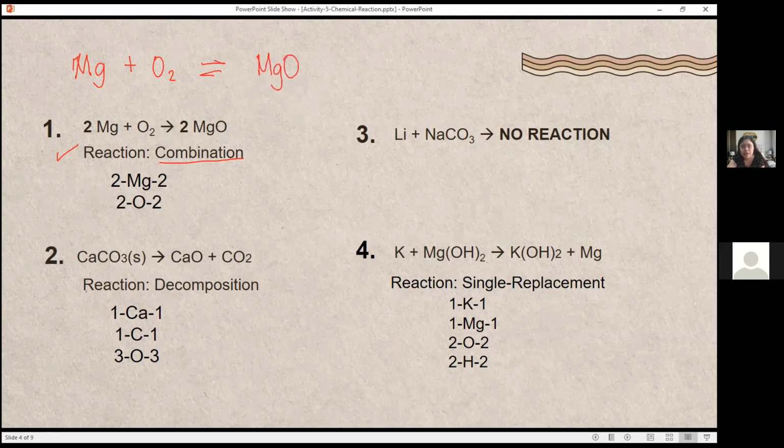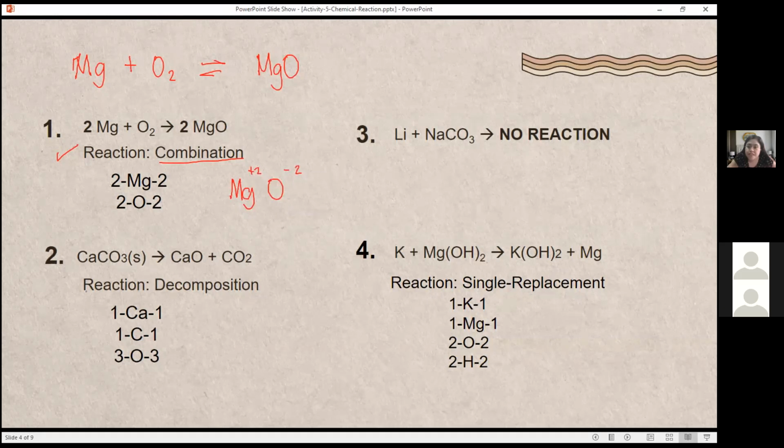Now, my instruction is, when the given is just magnesium plus oxygen, they will definitely combine, but do not copy the subscript. Oxygen has a subscript here, but magnesium oxide, as we call it, has no subscript. Why? If we look at the charges, magnesium belongs to Group 2, so it is positive 2, and oxygen belongs to Group 6A, so it is negative 2.